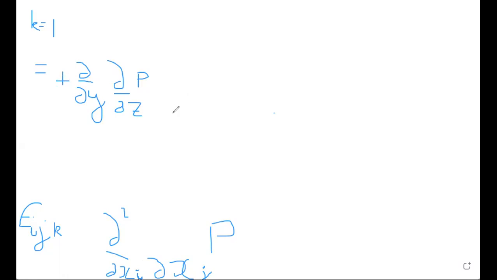But then we interchange the roles of i and j. So the only other option when k is 1 to have a non-zero term is to have the 3 here and the 2 there. But then it's an odd permutation. So epsilon ijk becomes negative.